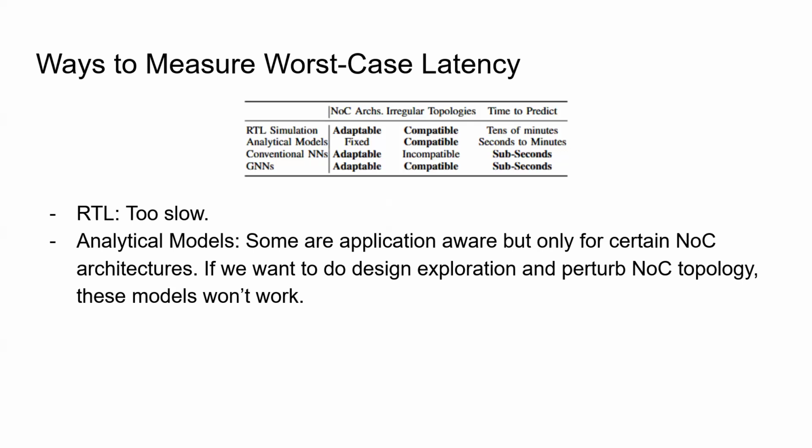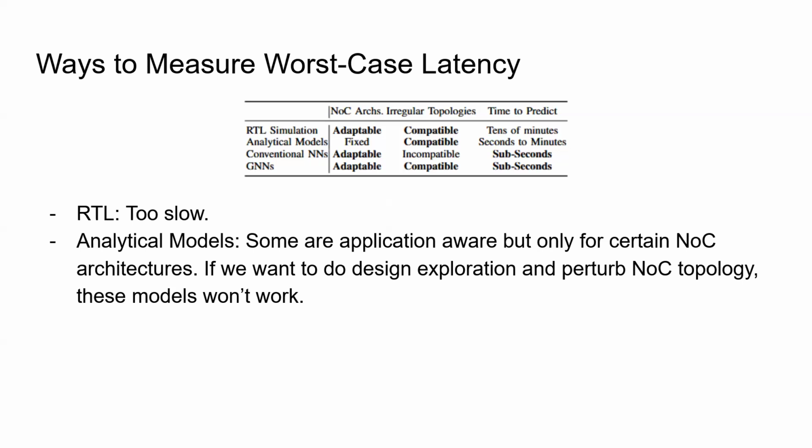Other ways people do it is with analytical models. You either use some sort of cost function, or in this case, what the paper showed is you would have a network. One of these uses network calculus. Basically, you use mathematical functions to calculate the worst case latency.